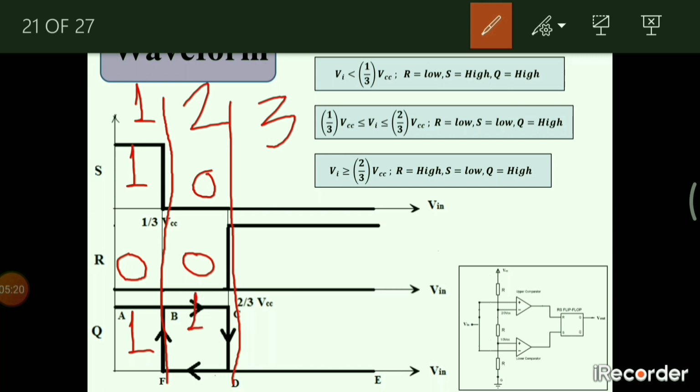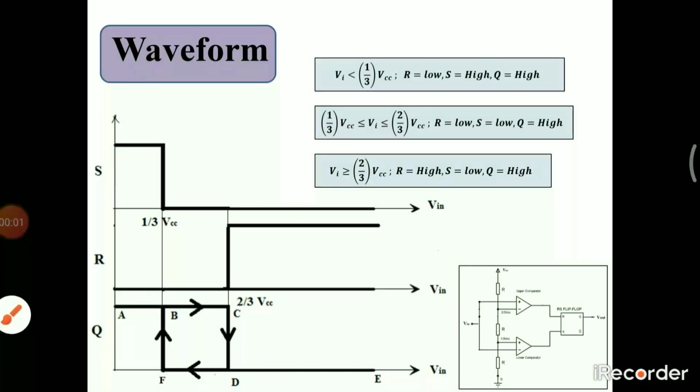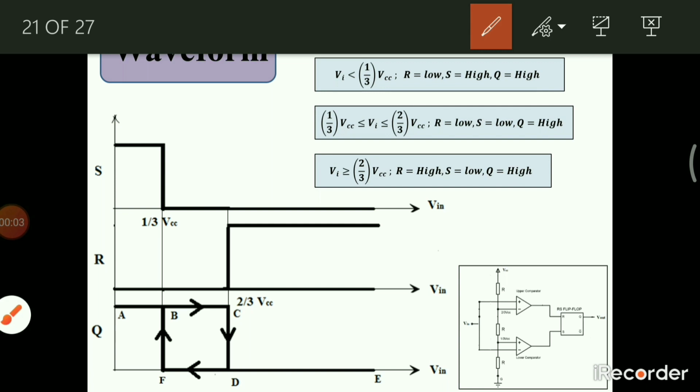So here we'll get Q as a high value. In the third case, R is high, so R is 1, S is low, that is 0, and Q is low. By mistake I wrote high there, but it is low. So these are the outputs of the RS flip-flop shown here.